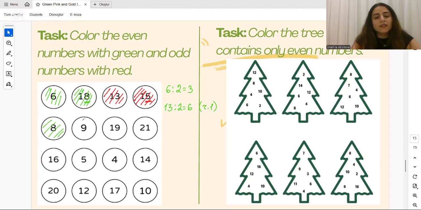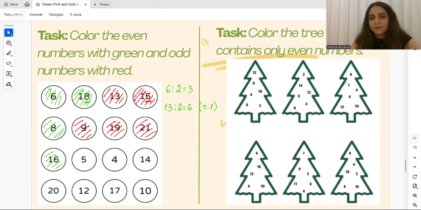And then 9 is an odd number, and that's why we can color 9 with red. Then 19 is also an odd number, and that's why we can color like this. Then 21 is an odd number too. Then 16 is an even number. That's why we can color like this, and so on.